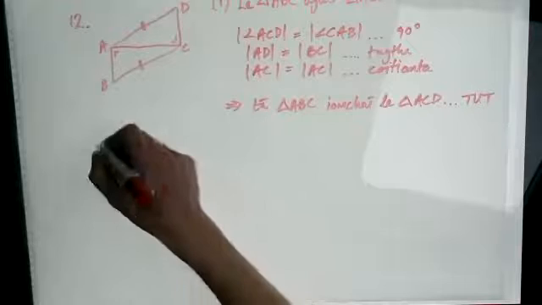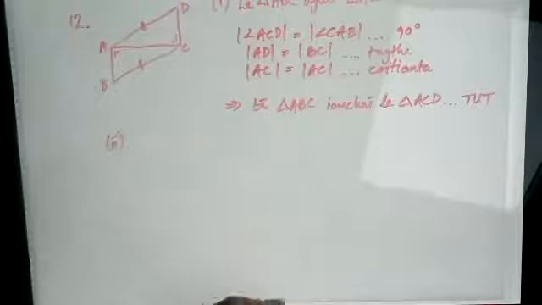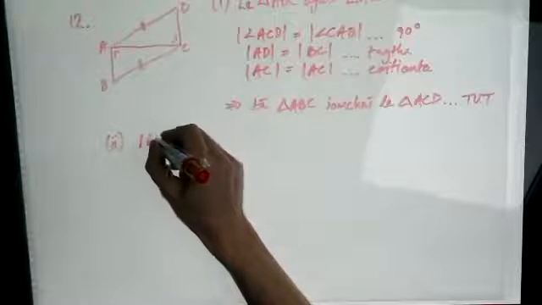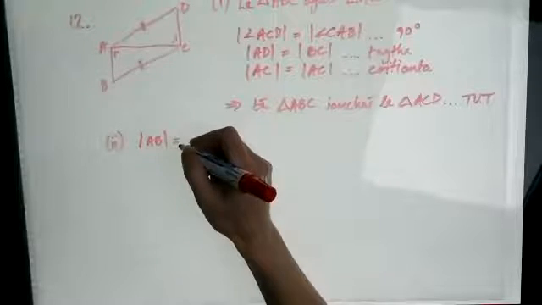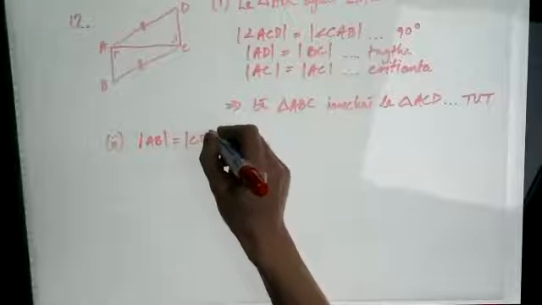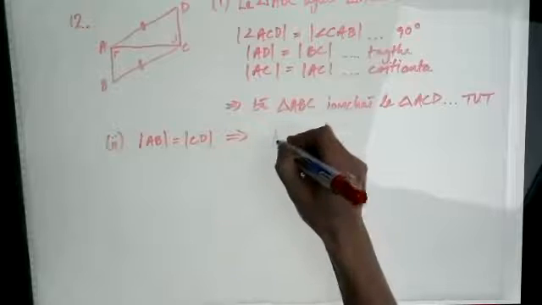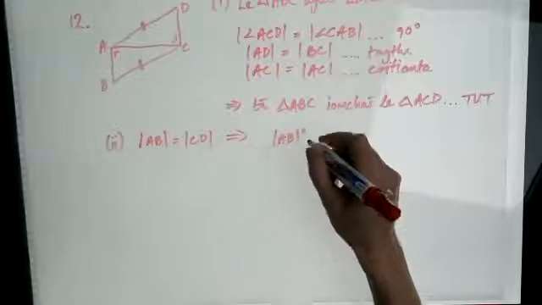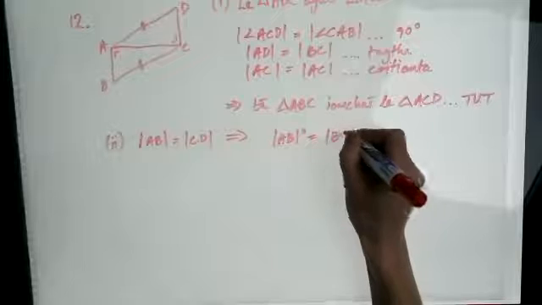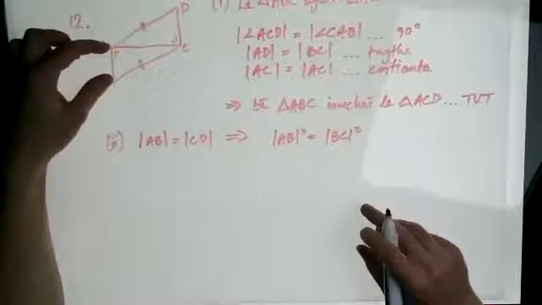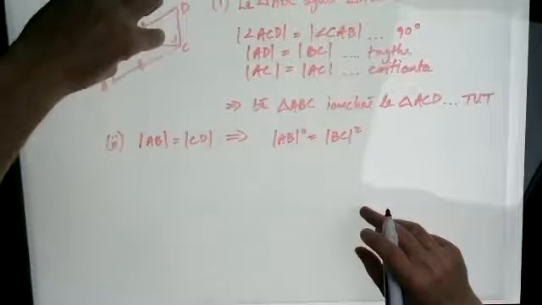So we deduce that AB equals CD in length. Now, AB squared equals BC squared minus AC squared.